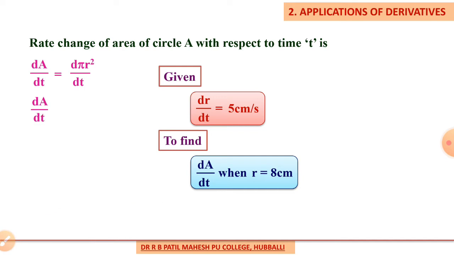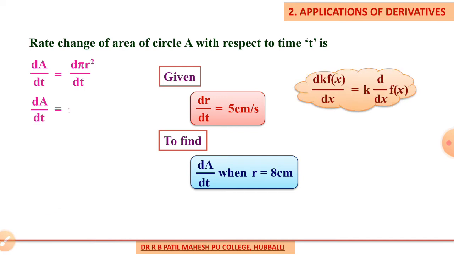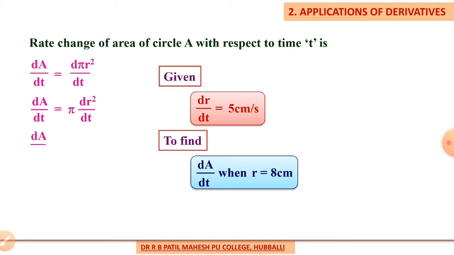Here pi is a constant term, then the derivative of r square is 2 times r.